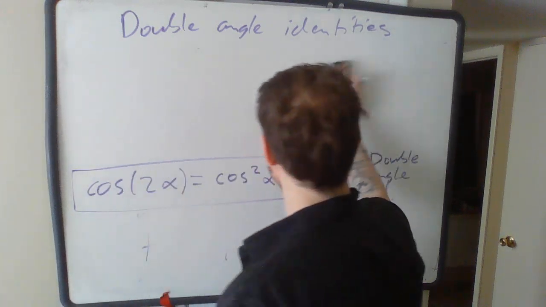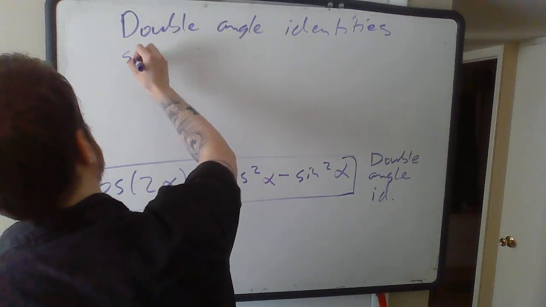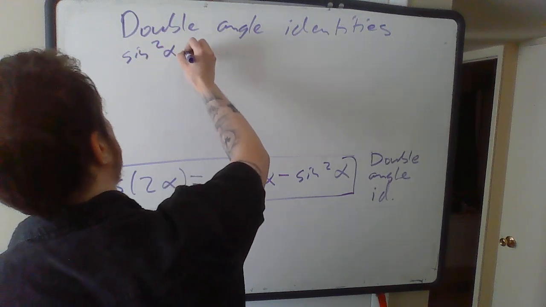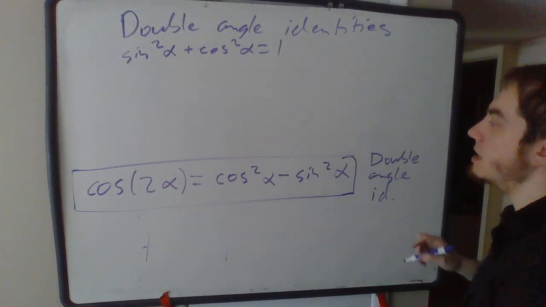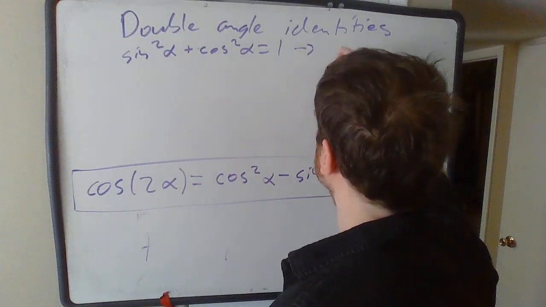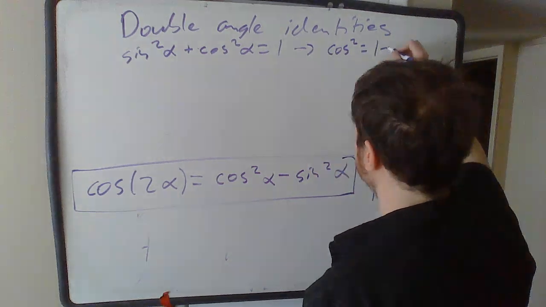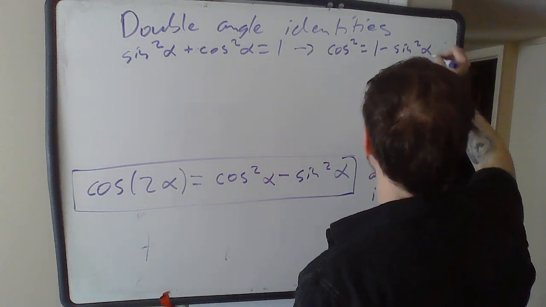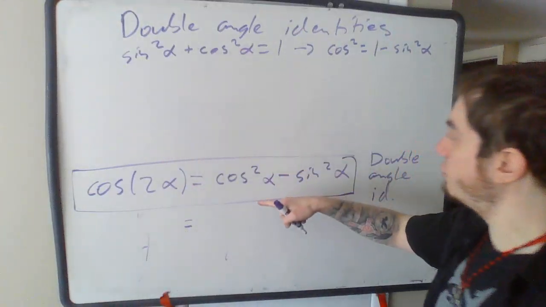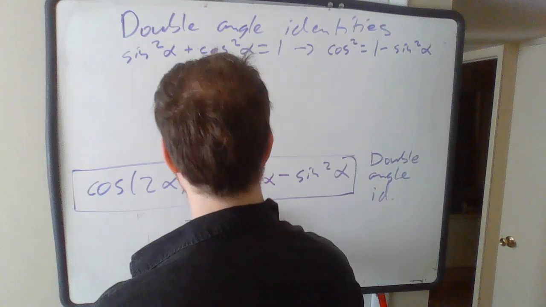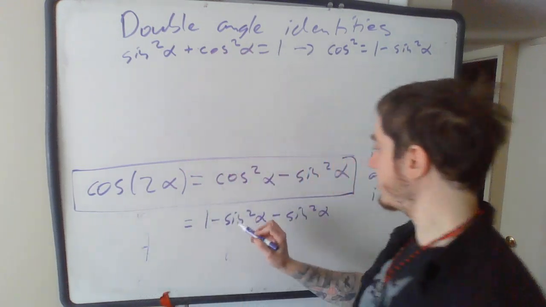What I want to remember here is that sine squared alpha plus cosine squared alpha is equal to 1. This means that I could rewrite cosine squared alpha as 1 minus sine squared alpha. So the right-hand side could be rewritten as 1 minus sine squared alpha, minus sine squared alpha.